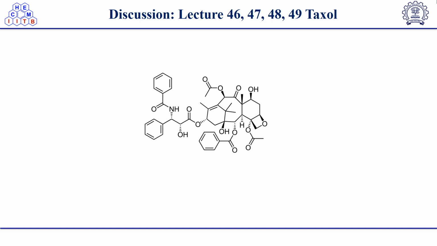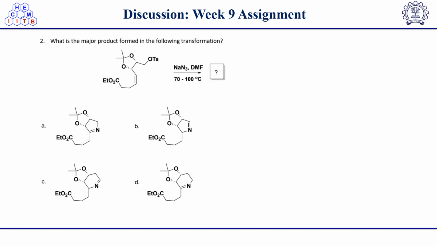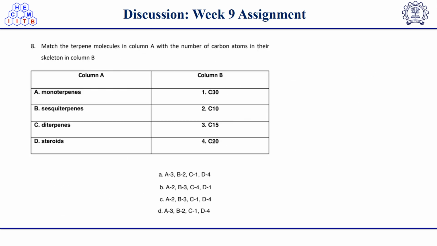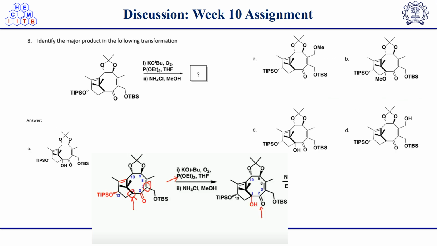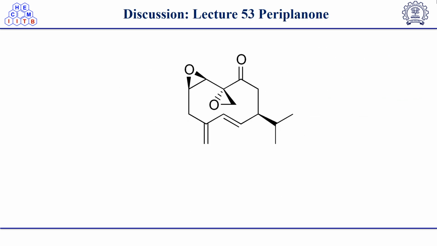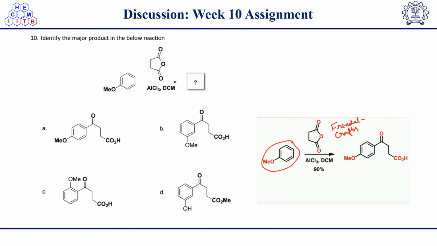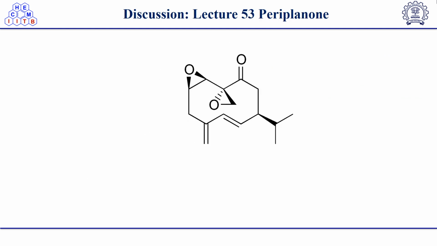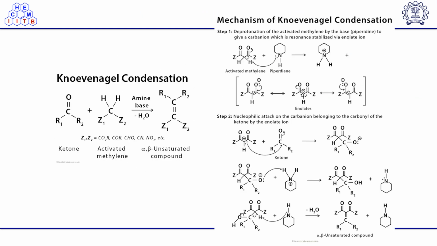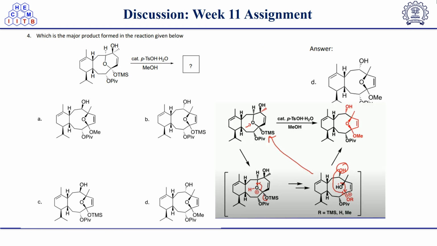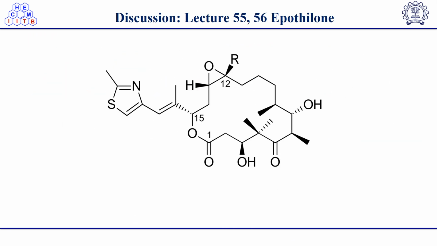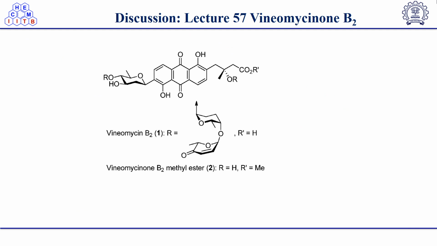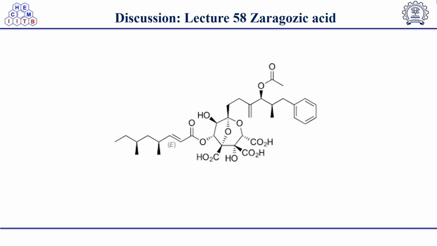Various synthetic approaches towards taxol were discussed. Then the next session was for eleutherobin and phorbol, then periplanone, discodermolide. And the last week's lectures were about epothilones, vinigrol, and zaragozic acid.